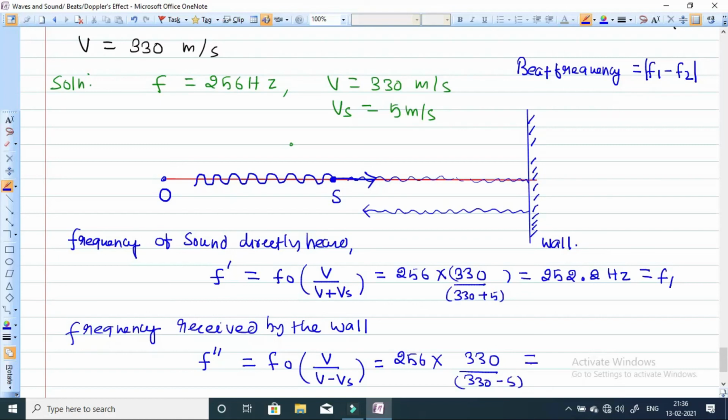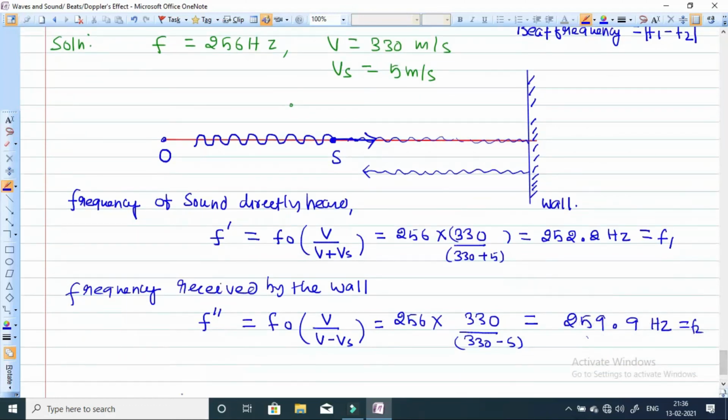When we calculate, this frequency will be equal to 259.9 hertz, and I am taking this frequency as f2. Since f2 is greater than f1, now we can calculate the beat frequency. So beat frequency will be equal to mod of f1 minus f2. When you calculate, you will get 7.7 hertz.